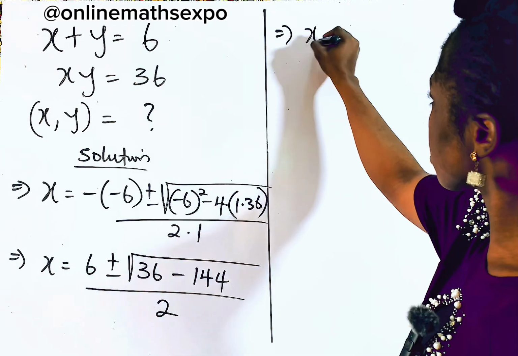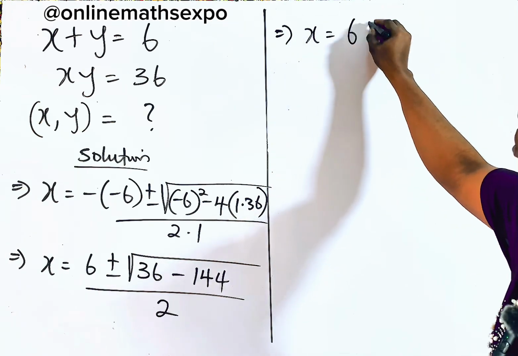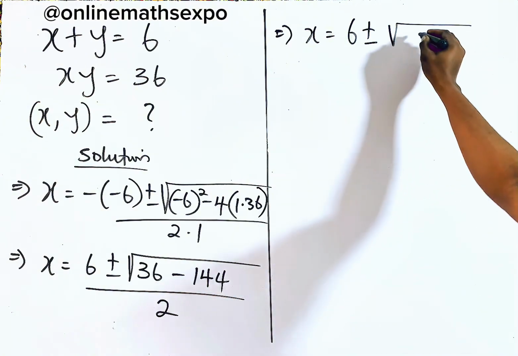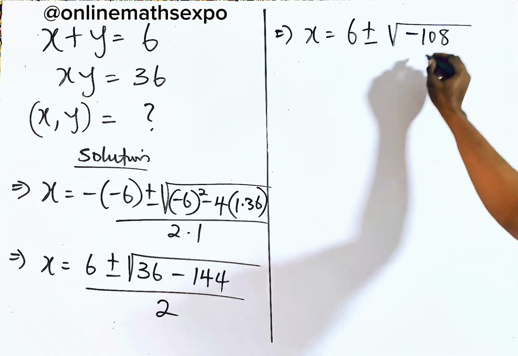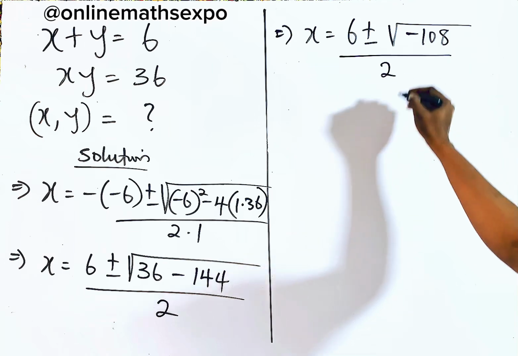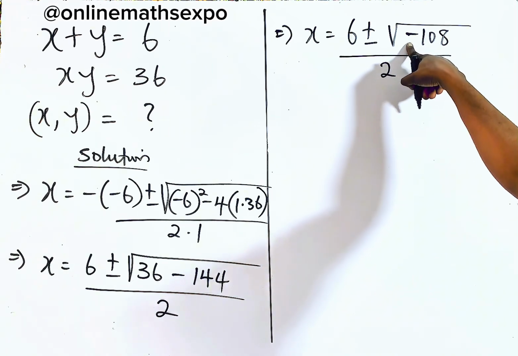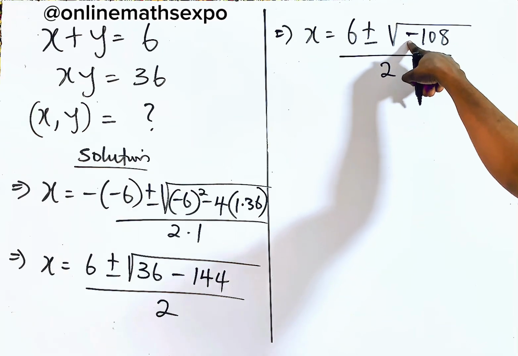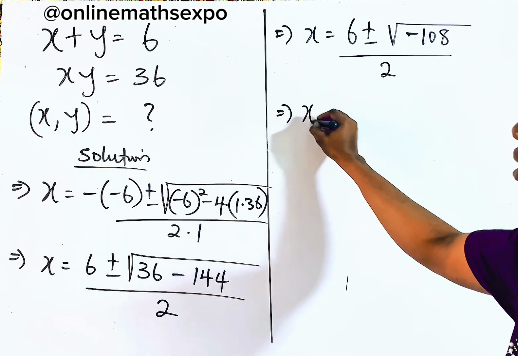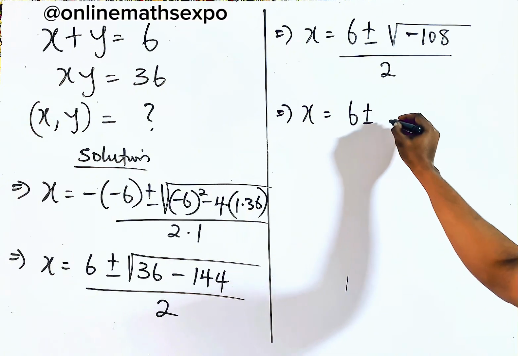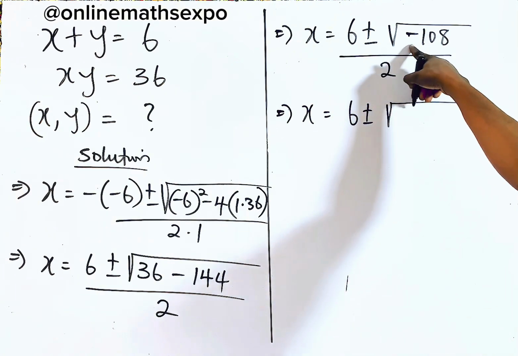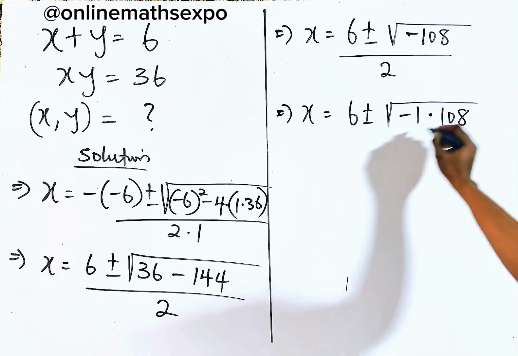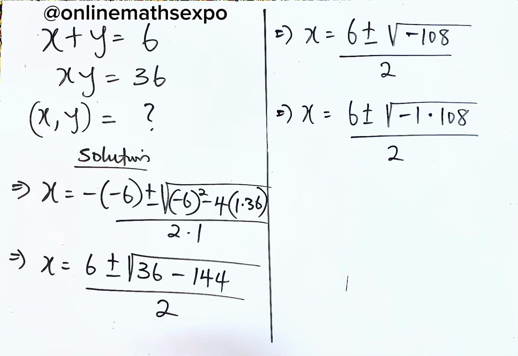Keep solving. x is equal to 6 plus or minus the square root of, if you subtract this, it gives you negative 108, divided by 2. This is leading to a complex solution because of the negative inside the square root. So to remove it, this is the same as x is equal to 6 plus or minus the square root of negative 1 multiplied by 108, divided by 2.